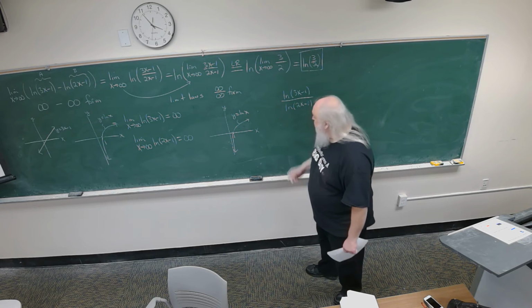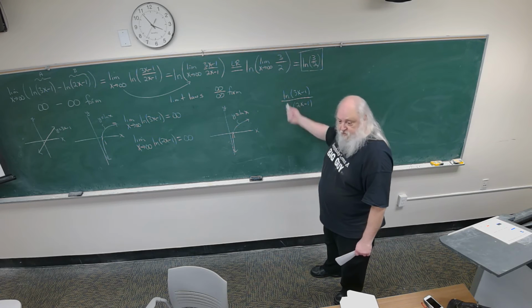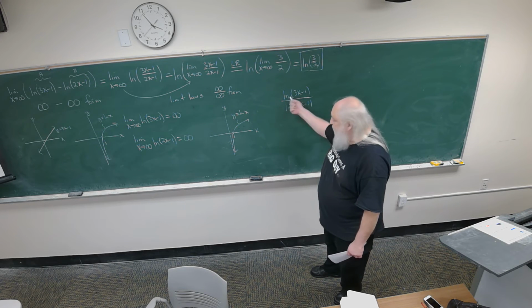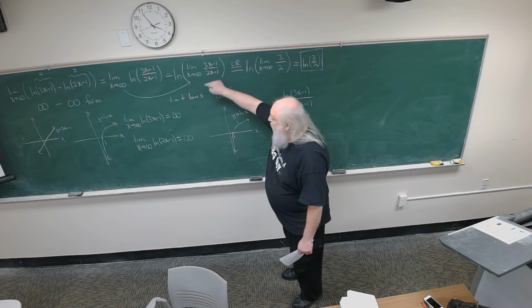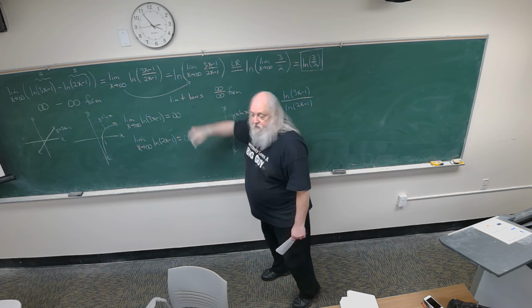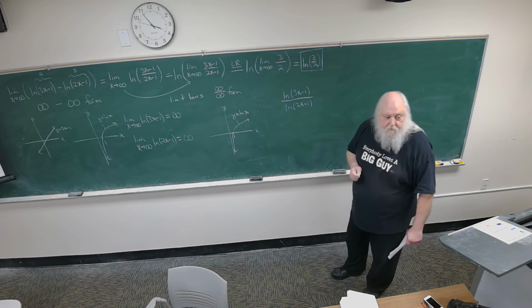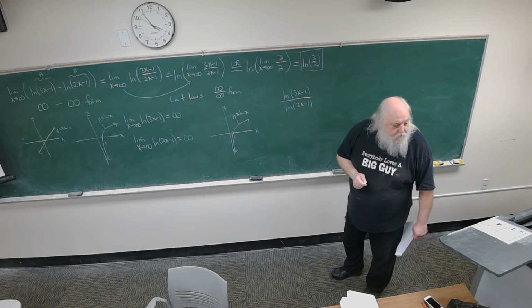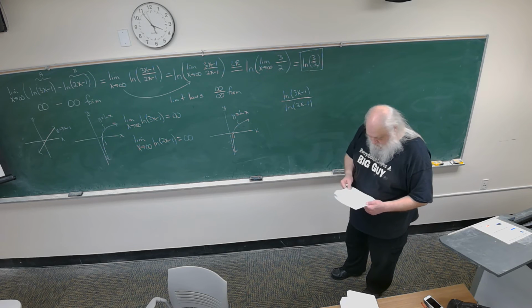If that was the case, then we would differentiate the numerator and denominator, and we would differentiate the natural log function. Here, we're differentiating the argument of the natural log function. So far, so good?